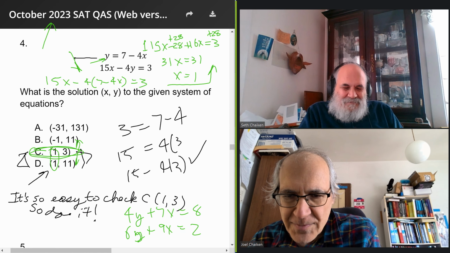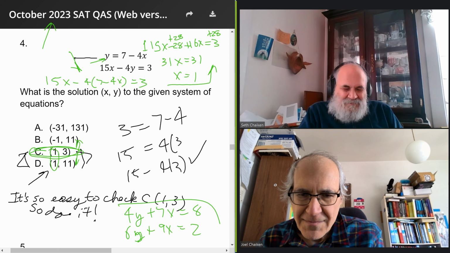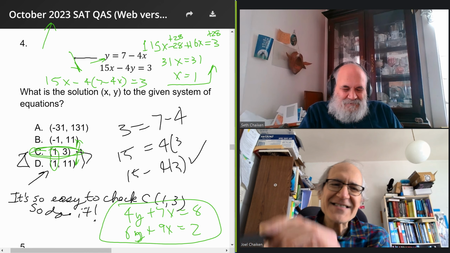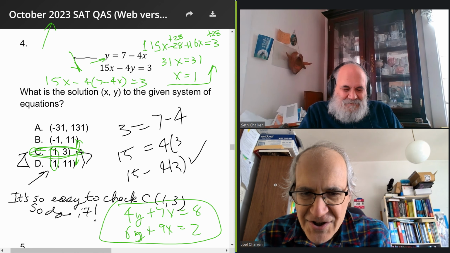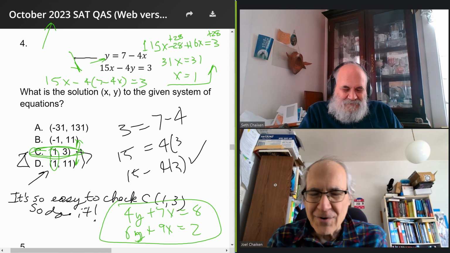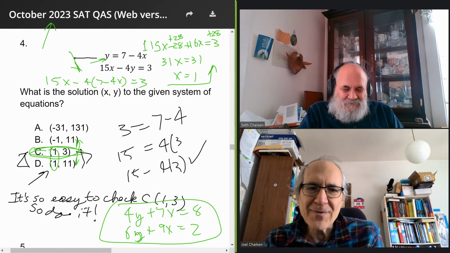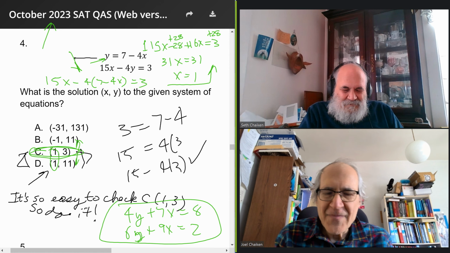I call this full-blown because substitution doesn't make sense here. It is not efficient. Only the method normally called elimination, where you multiply equations by different numbers and subtract, makes sense.